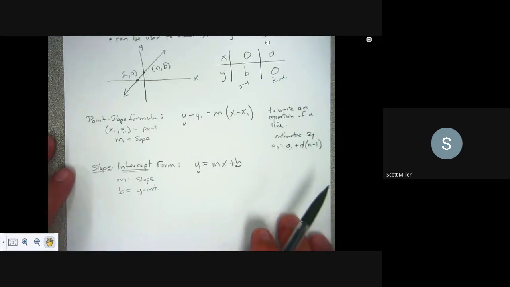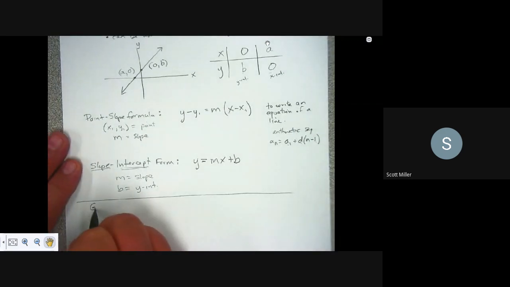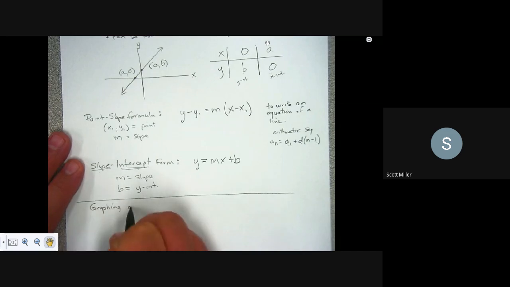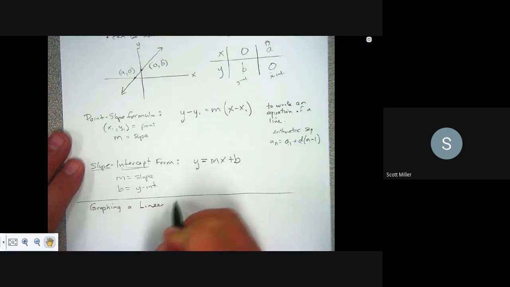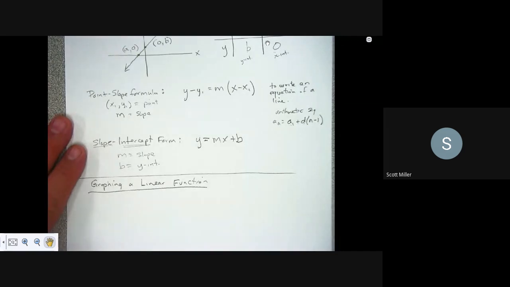The next thing you're going to be asked to do is graphing linear functions. Here's the thing you need to remember. When you graph, you're going to make a table.